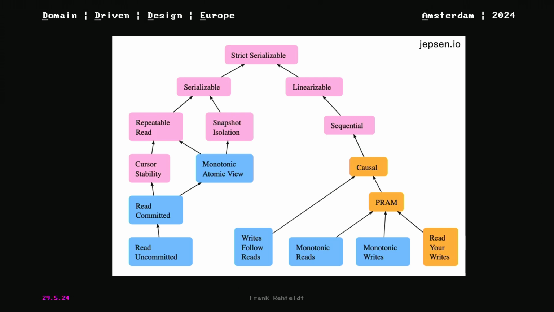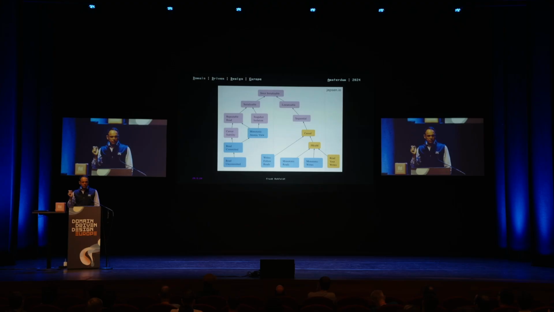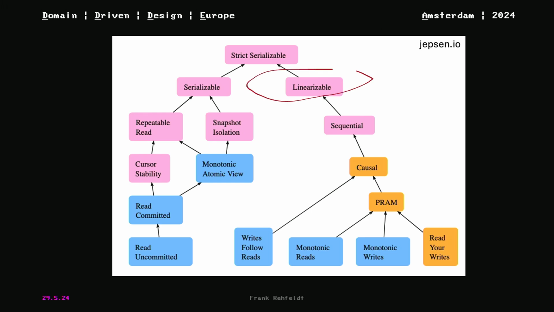Suppose you have a distributed system with multiple copies of your data, and you want to make sure that you always get the latest state. So-called one-copy semantics. Then we would be here in the strongest consistency guarantee, linearizability, right?